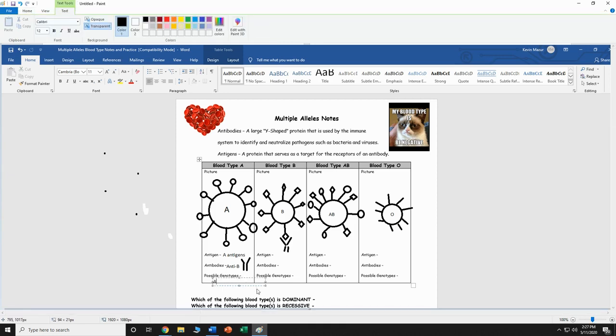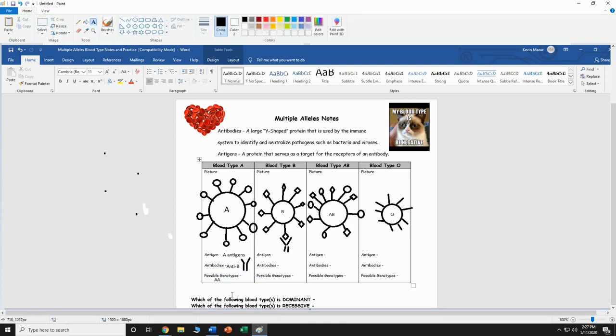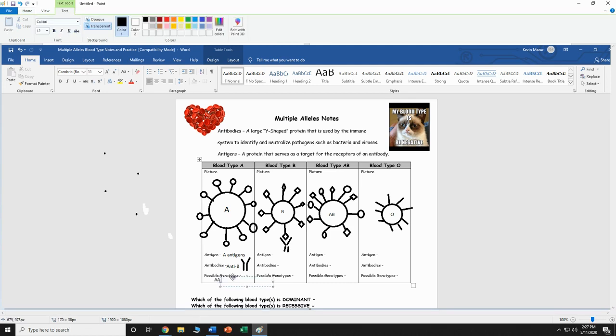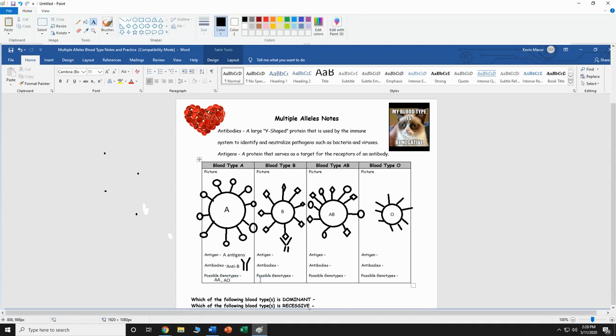It is either going to be big A, like I said, A and B are dominant, or it's going to be big A O, because O is recessive, so that's another option. Okay. All right, let me delete this drawing here and reset us back to normal.